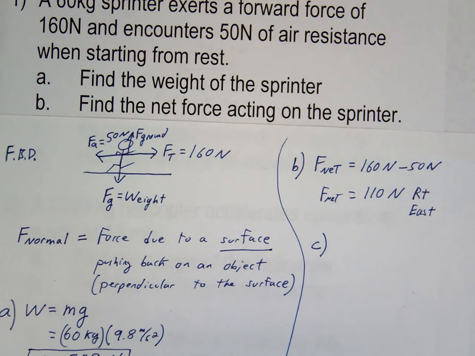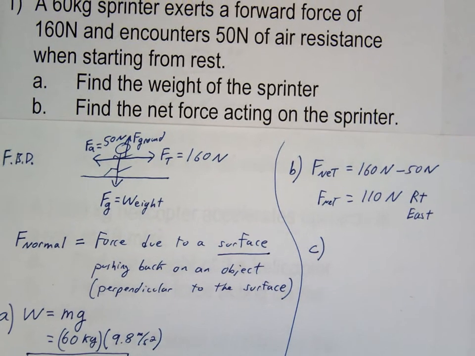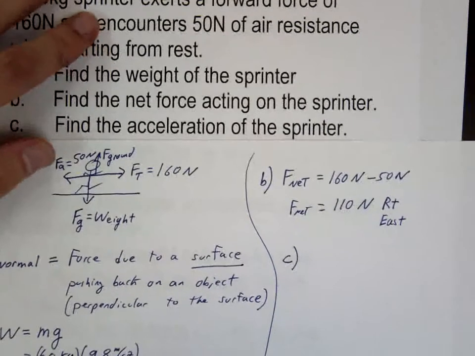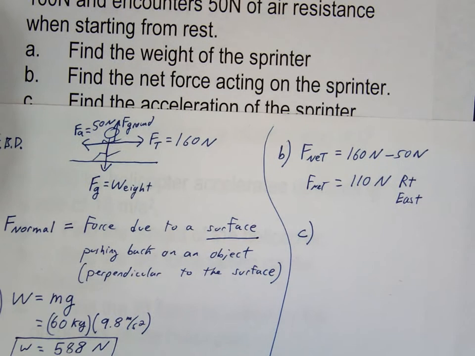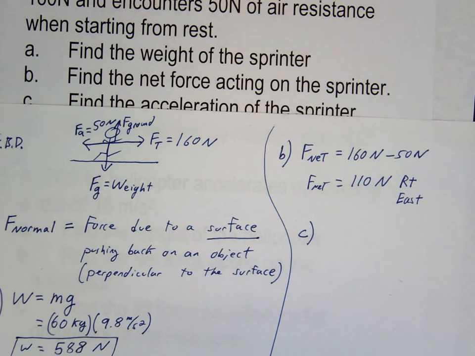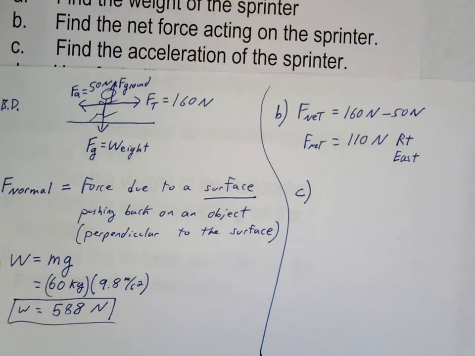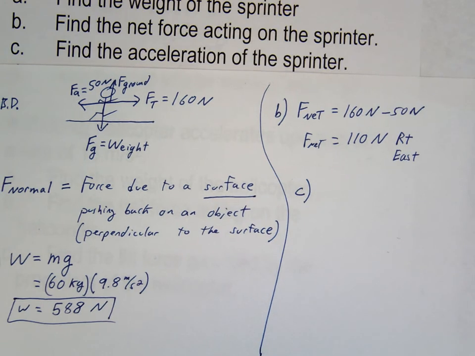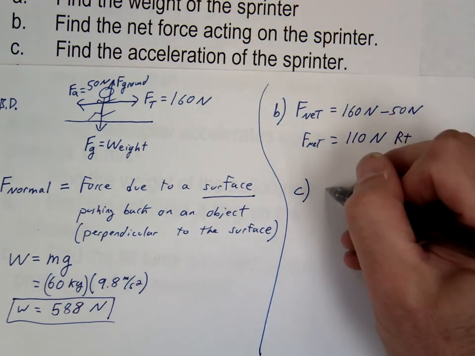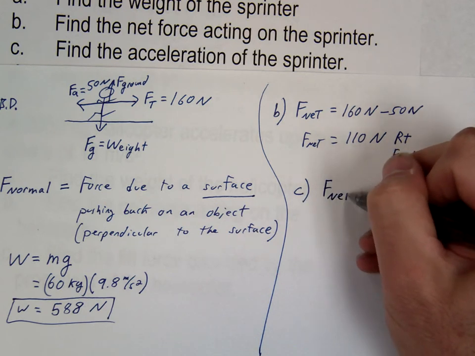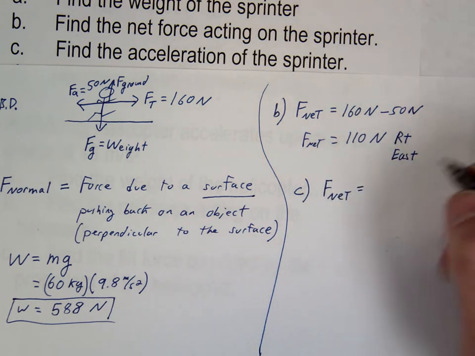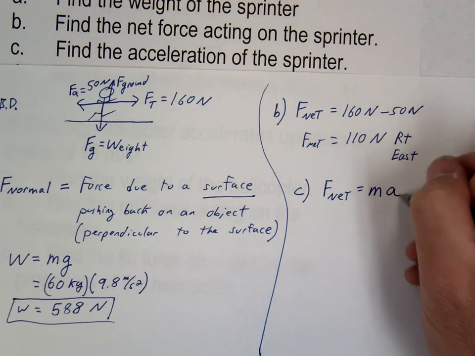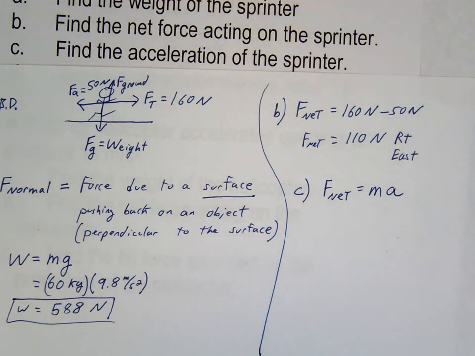All right, letter C. Acceleration. How are we going to find the acceleration? We're going to use Newton's second law, and this is the big equation of the unit, which basically says Fnet equals, what's it equal? Mass times acceleration. Fnet equals mass times acceleration.